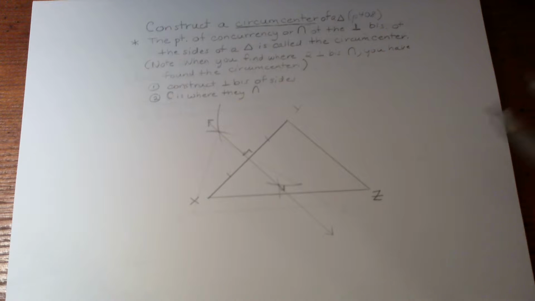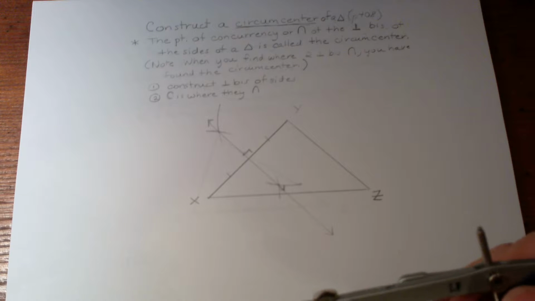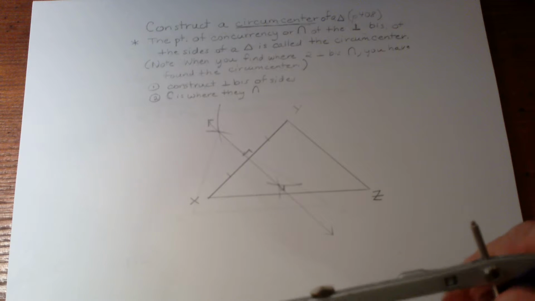Now I want to get a perpendicular bisector for another side. So I'm going to do YZ. I'm going to do the same type of thing, but I'm going to change the measurement just a little bit. I think I'm going to make it a little bit larger.